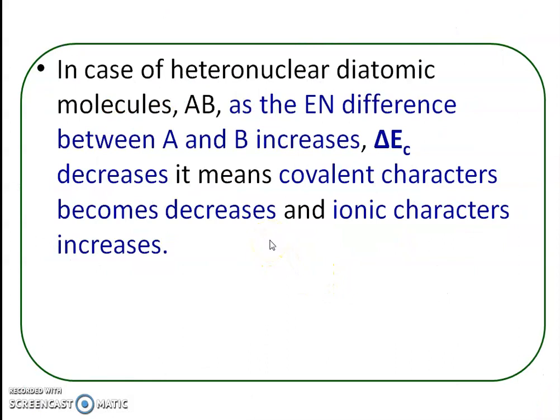So in case of heteronuclear diatomic molecule AB, as the electronegativity difference between A and B increases, covalent bond energy decreases. It means covalent character becomes less and less, or covalent character decreases. At the same time, ionic character increases.